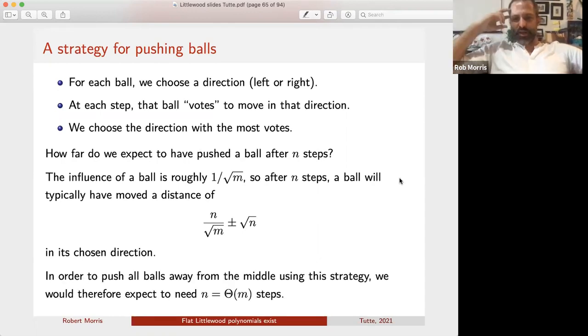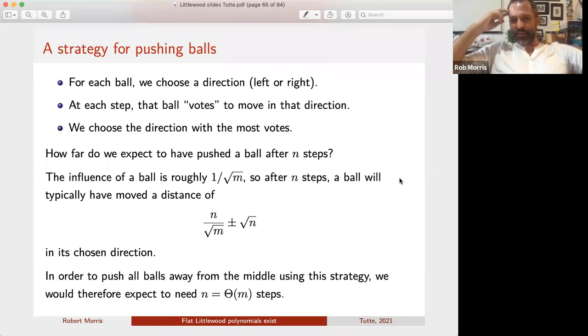So we might hope that after about m steps, the main term gets bigger than the error term. So we need at least order m steps to have a chance. Then we might hope that after a large constant times m steps, we're really getting somewhere. I don't actually know the correct answer to this question.